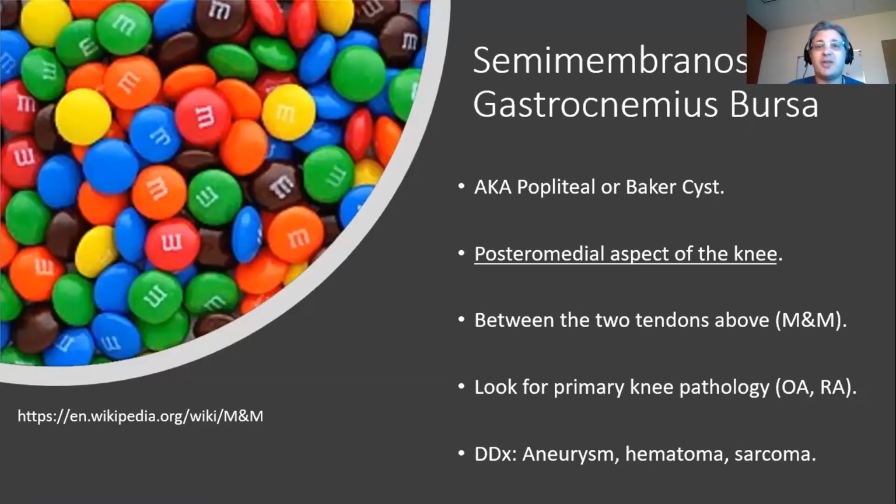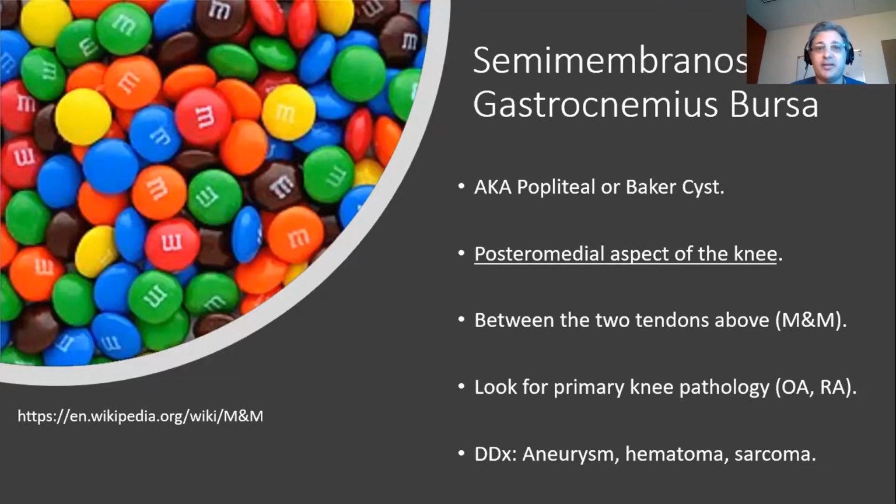And so, let's talk about this most commonly encountered knee region bursa, the Baker cyst, aka the popliteal cyst. When we talk about a Baker cyst or popliteal cyst, what we're saying more technically is that this specific bursa, the semimembranosus gastrocnemius bursa, is inflamed.